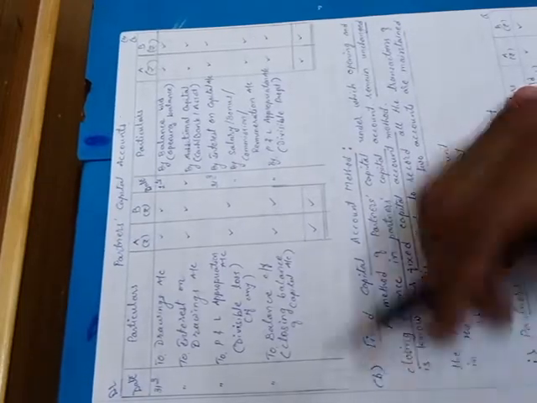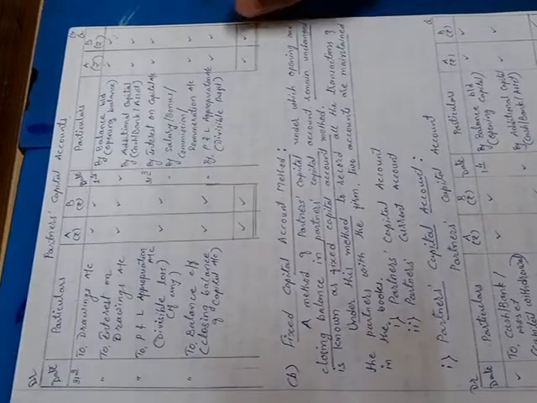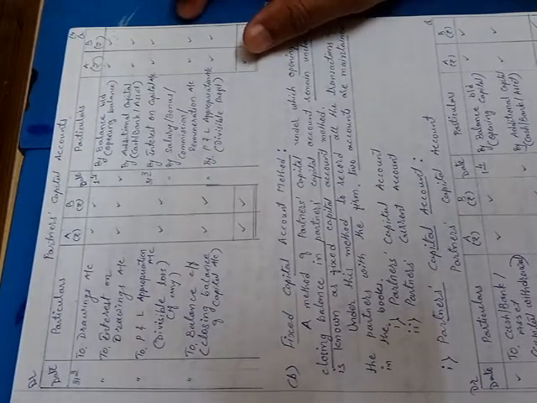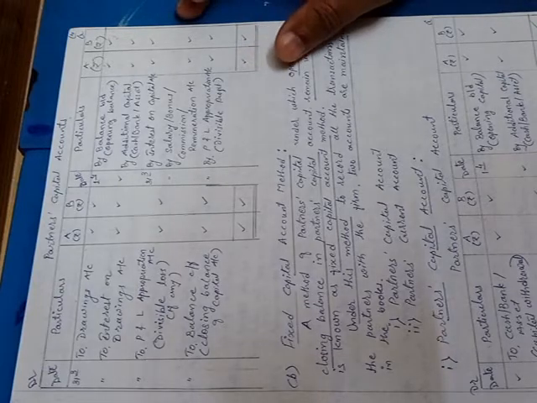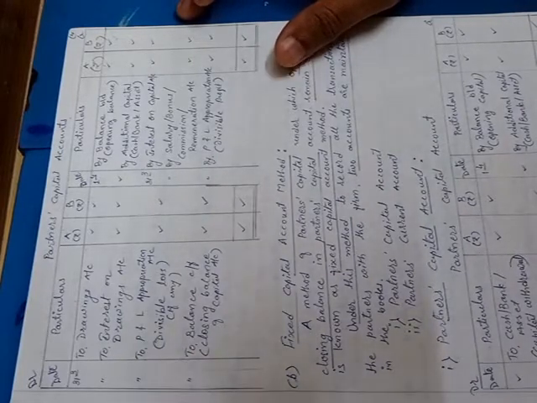For that purpose, first thing, we have to record the balance of capital account. As we all know, capital normally always has a credit balance only. In our textbook, the sums available where the capital accounts are given are all credit balance, but practically it is not like this. Practically sometimes it may have a capital account debit balance also.